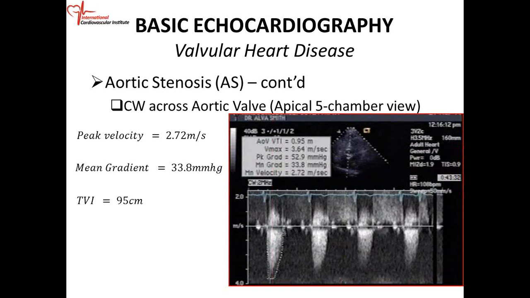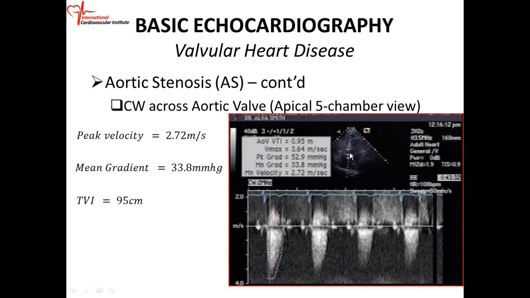All right, so to assess the aortic valve now, you have your 5-chamber view on top, right here: left ventricular cavity, mitral valve, left atrium, and the aortic valve is right there.